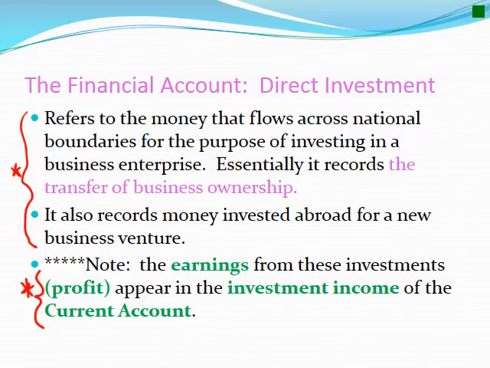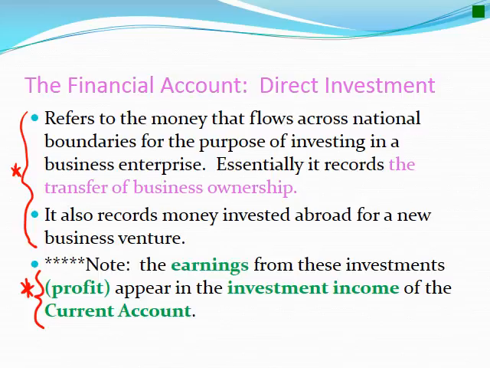It also records money invested abroad for a new business venture. So the first one could be where you're buying an existing business. The second one is where you are setting up a brand new business. Now note, the earnings from these investments, the profit, they then appear in the investment income of the current account.